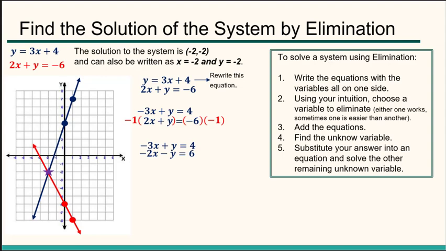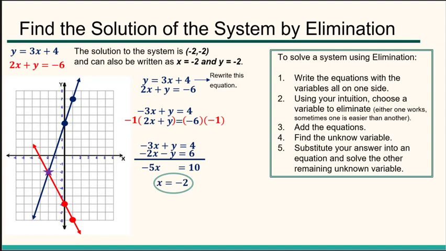I've distributed that negative 1 and got negative 2x minus y equals 6 for that second equation. Then I'm going to add. So here we go. I get negative 5x equals 10. I'll divide both sides by negative 5, and I'll get that x equals negative 2. Hey, that's what I got with the other two methods. Perfect. That's what you should get.